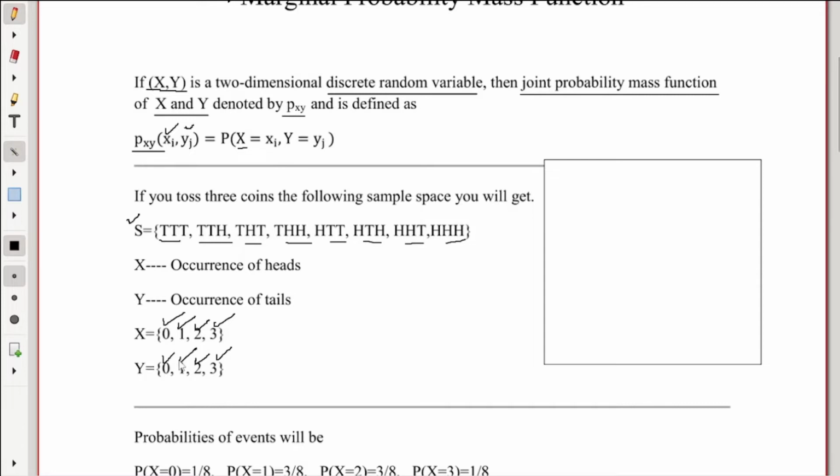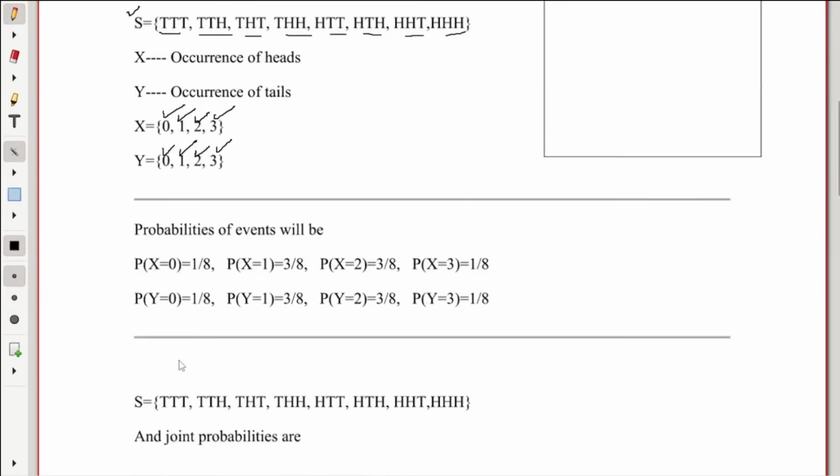And the probabilities of events would be: if there is no head, this is your favorable case, only 1, so probability would be 1 upon 8.